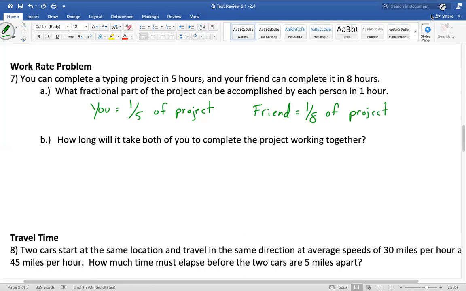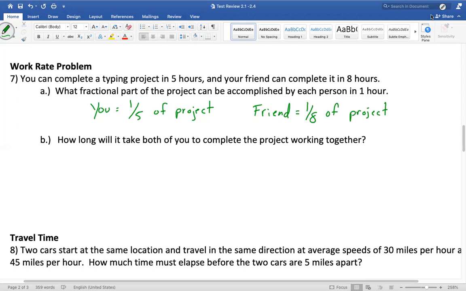Again, that's because it takes your friend 8 hours to do it. So in 1 hour, it'd be 1 divided by 8, which is 1/8. Now, how long will it take both of you to complete the project working together? This is a related rate problem. So these are tricky.